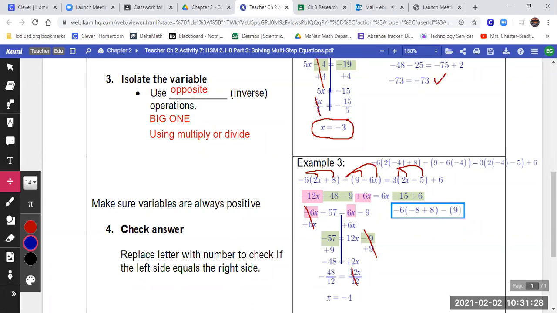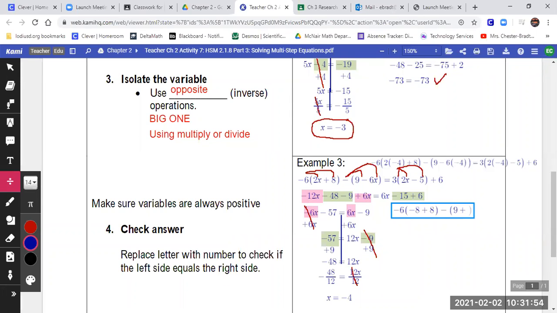Is that subtracting? Negative times negative makes what? Positive. Okay.